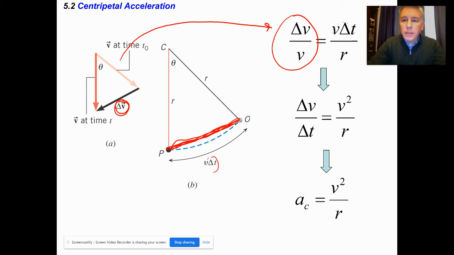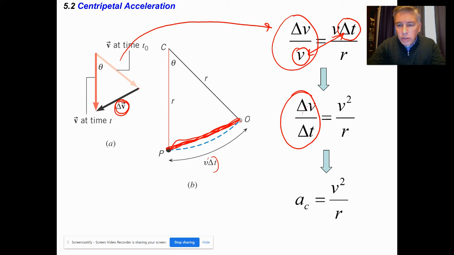So I end up with this. I'm setting up a relationship between velocities, or speeds actually, our time intervals, and the radius. Now the reason I do that: if I take this delta t and this v and they switch places, in other words, I divide by delta t and multiply by v, I end up with this. And you go, well, why is that so important?